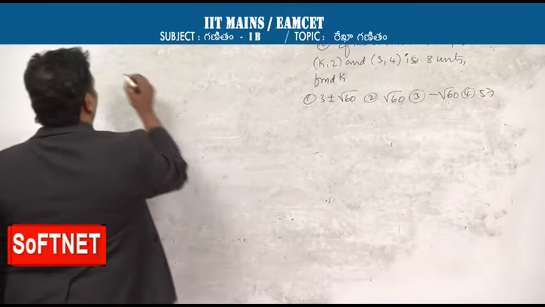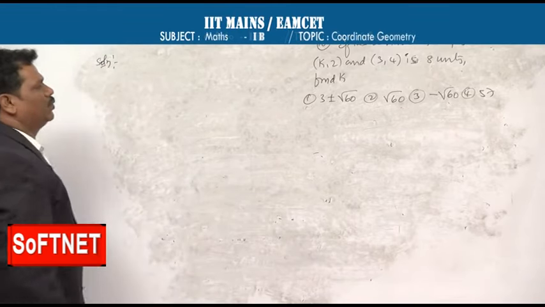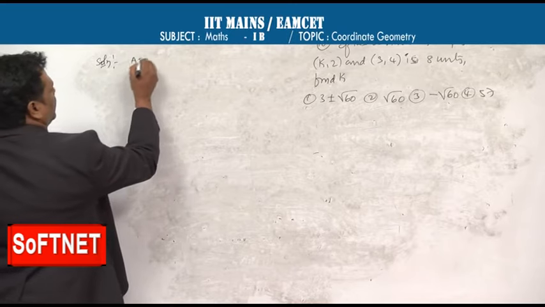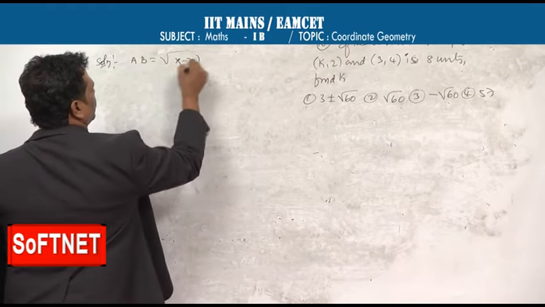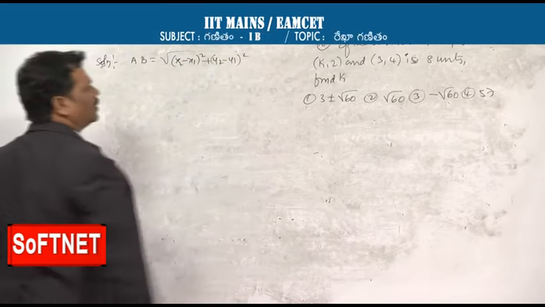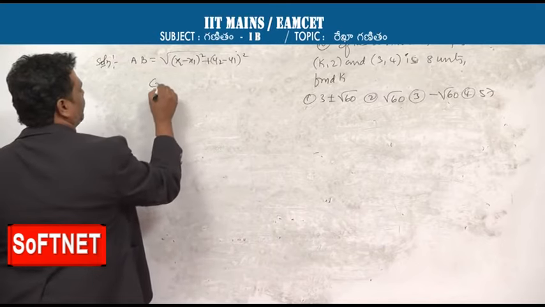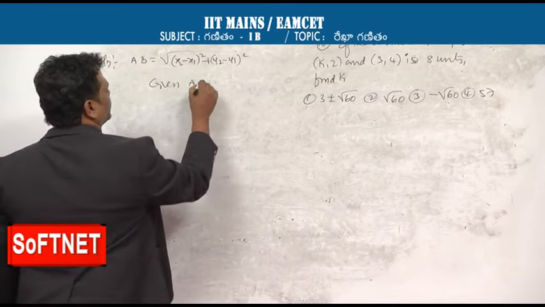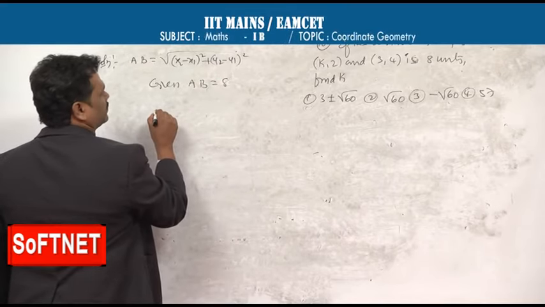What is the distance between 2 points? The distance between 2 points AB is equal to under root of x2 minus x1 whole square plus y2 minus y1 whole square. Here the distance between 2 points is 8 units. So given AB is equal to 8.